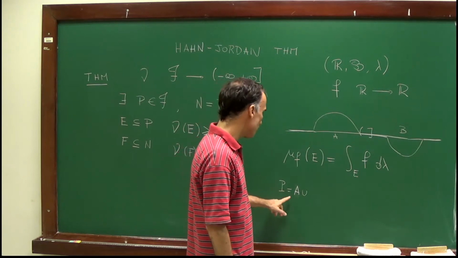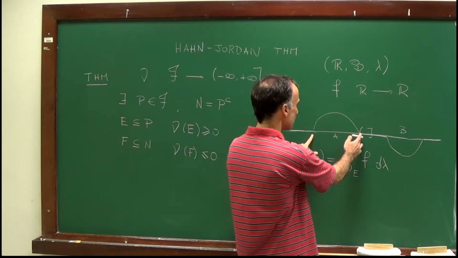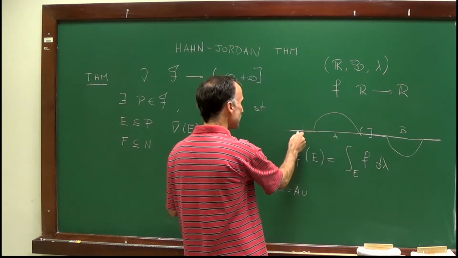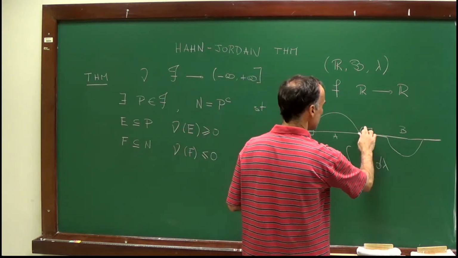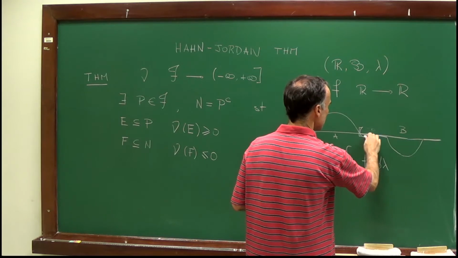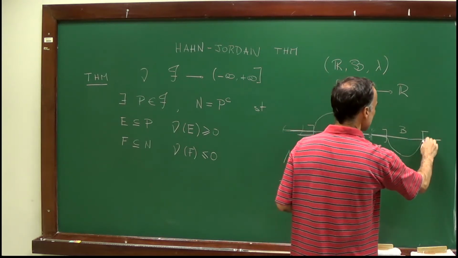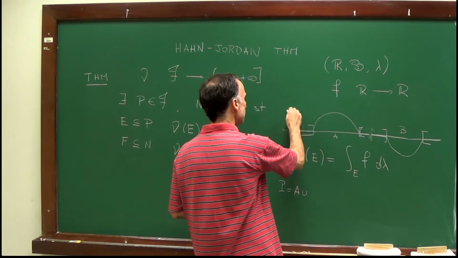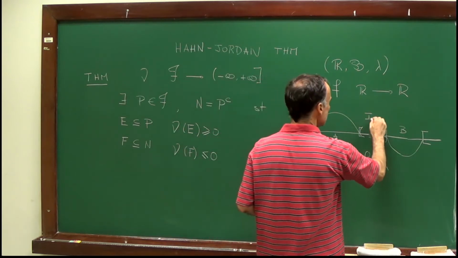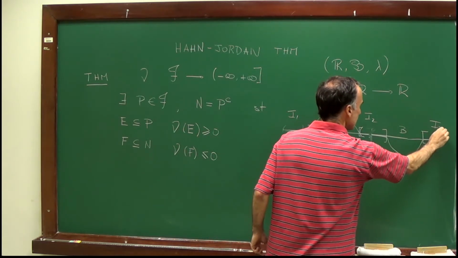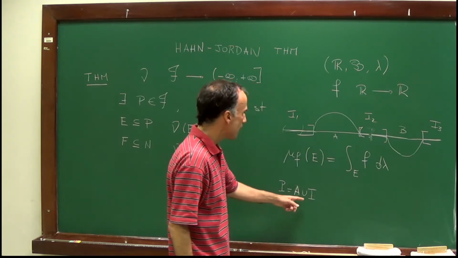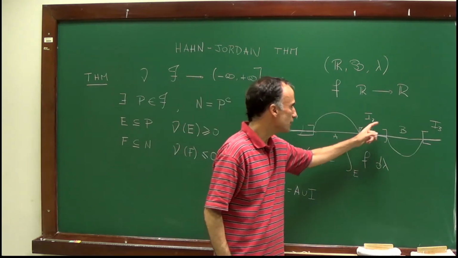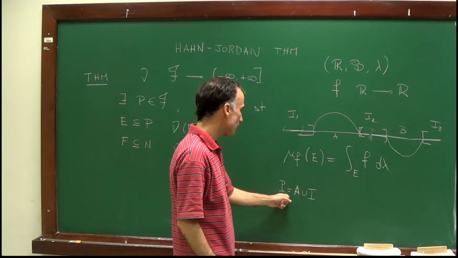So it's clear that for P I will take at least the set A, and then I can add any subset of these intervals. Let's say that I have here intervals E1, E2, and E3. I can add to A any subset of E1 union E2 union E3.